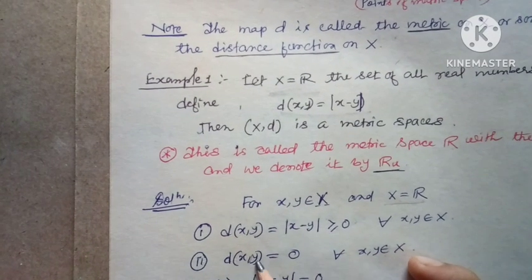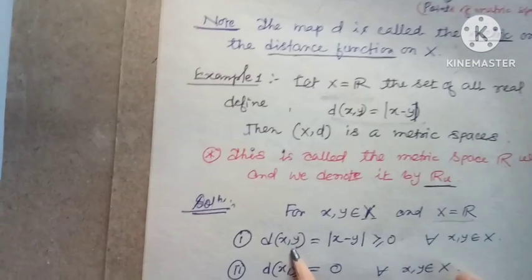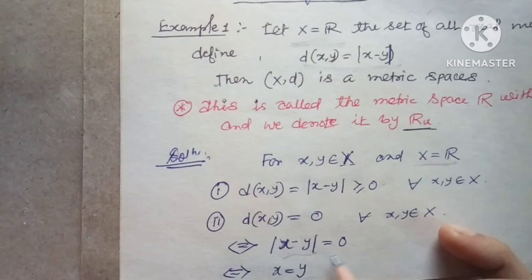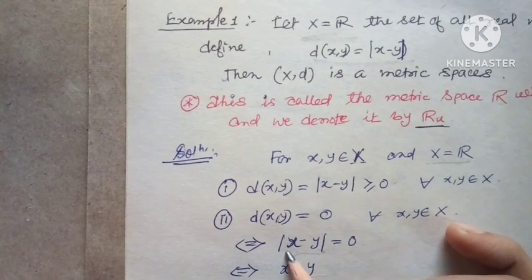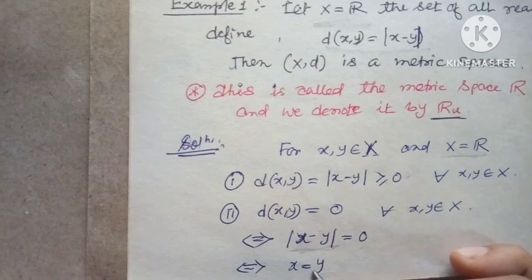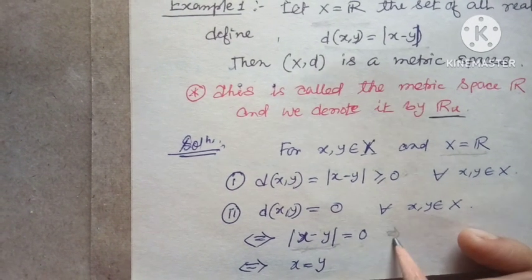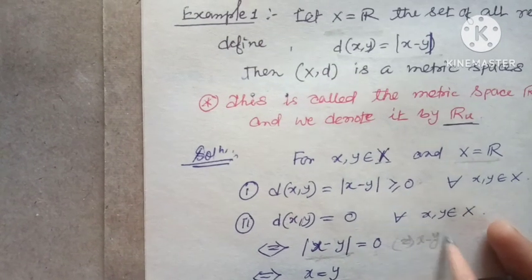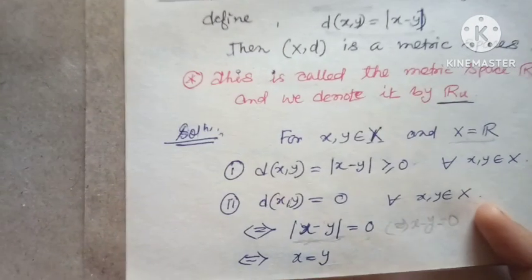Next 2 number: d of x, y is equal to 0 যদি হয়, আমি কি পাও, x minus y is equal to 0, then modulus of x minus y is equal to 0, obviously. ইয়াৰ পৰা আমি x minus y is equal to 0 পাও, then x is equal to y.